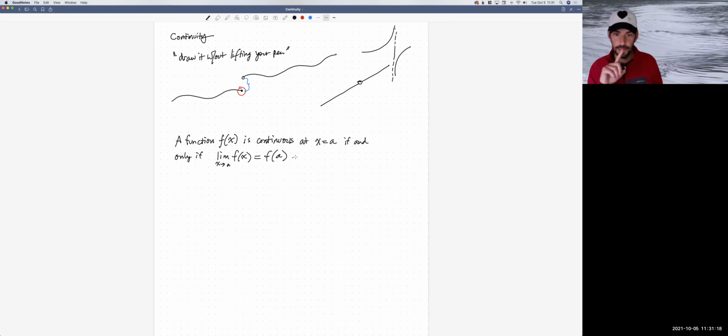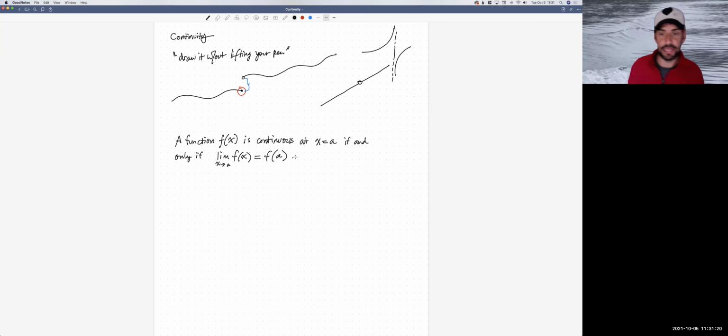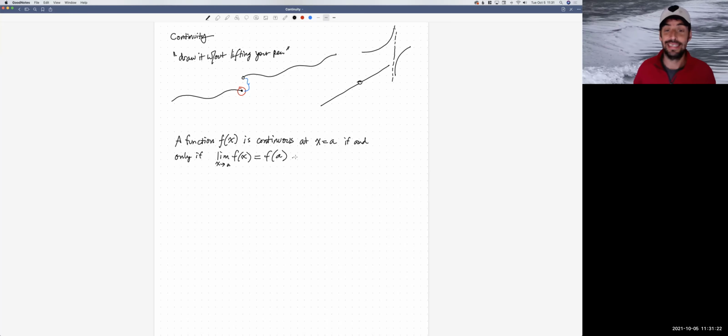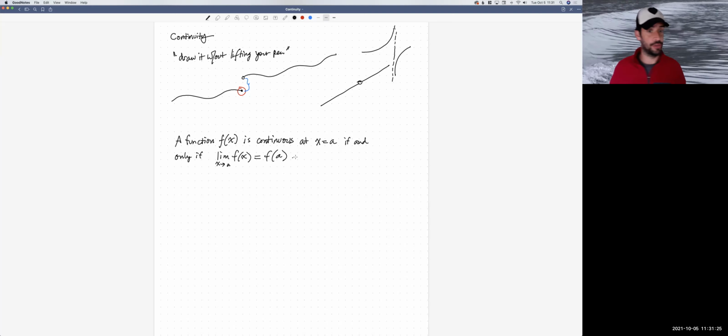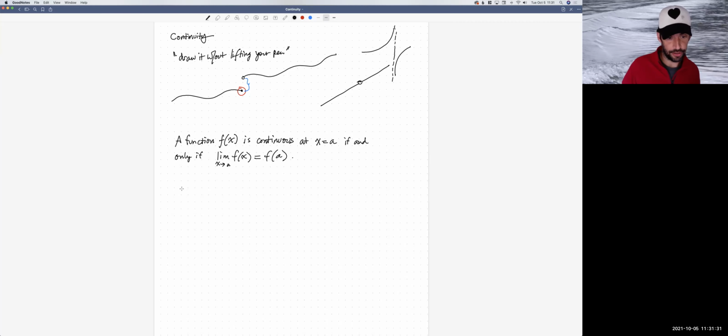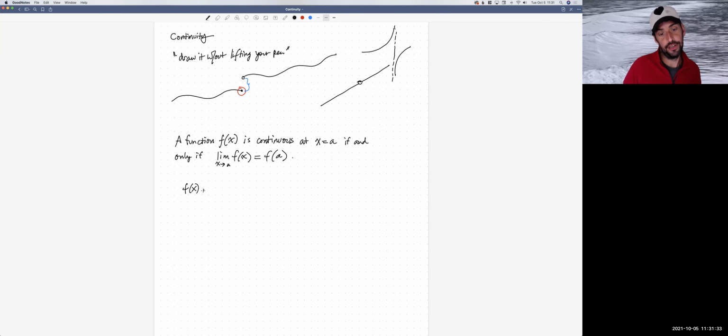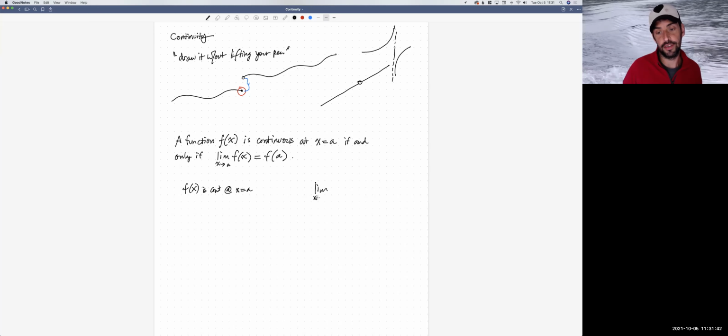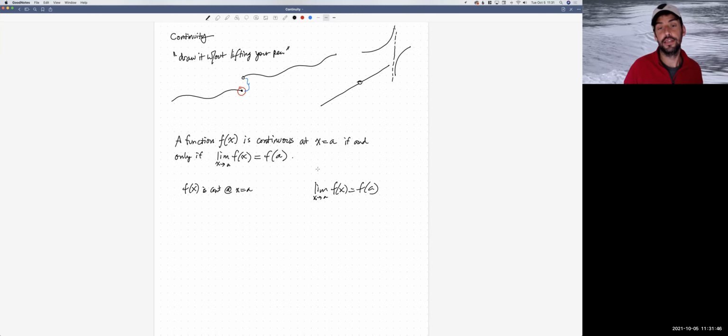Okay, so let's pick through this. First of all, it's an if and only if. What that means is if I tell you a function f is continuous at some point A, then let's write it this way. If f is continuous at x equals A, and then I also have the statement that the limit as x goes to A of f of x equals f of A, right?